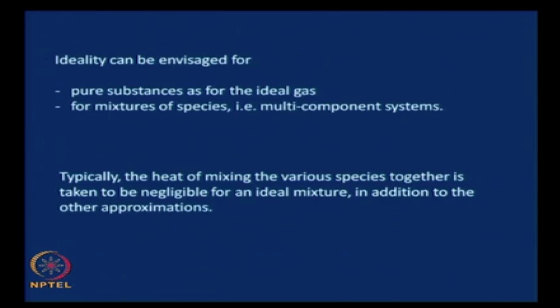We saw what ideality is for an ideal gas, PV equals RT, and for a mixture of gases ideality comes in when the heat of mixing the various species together, as well as the changes in volume when the various species are mixed together are negligible.